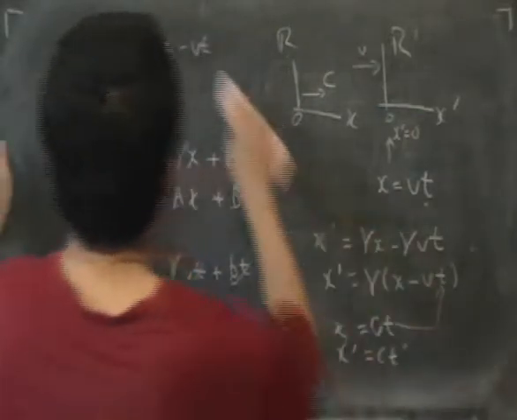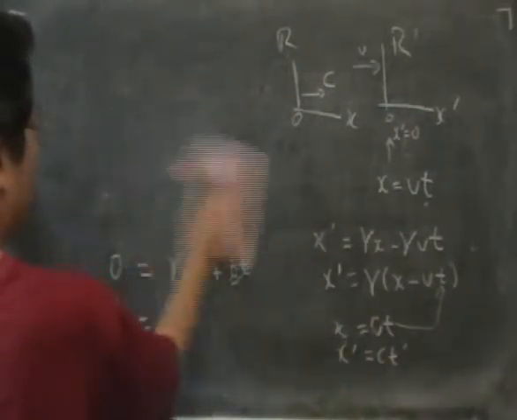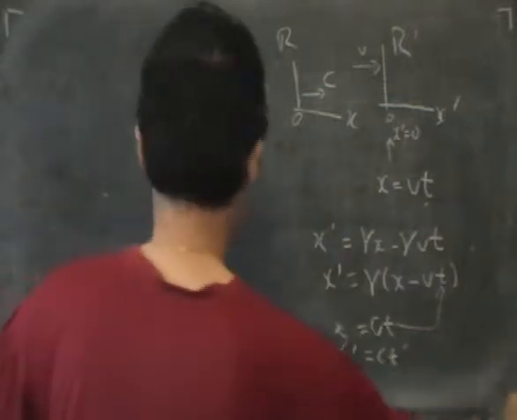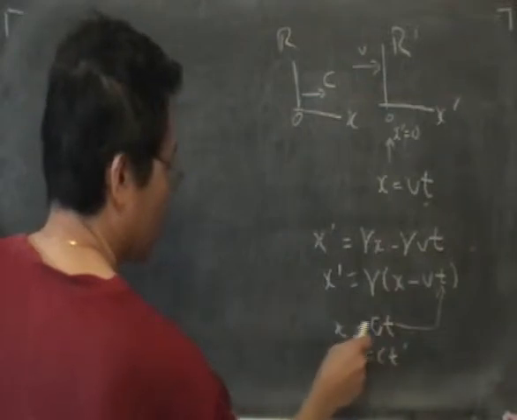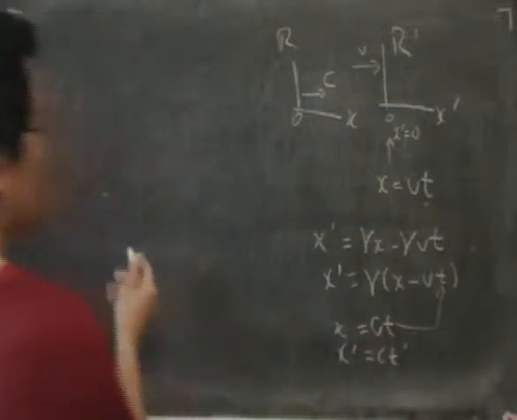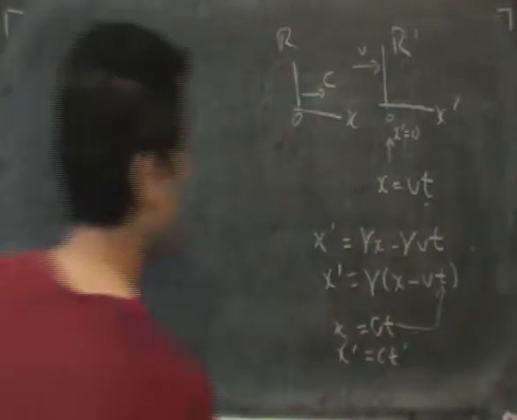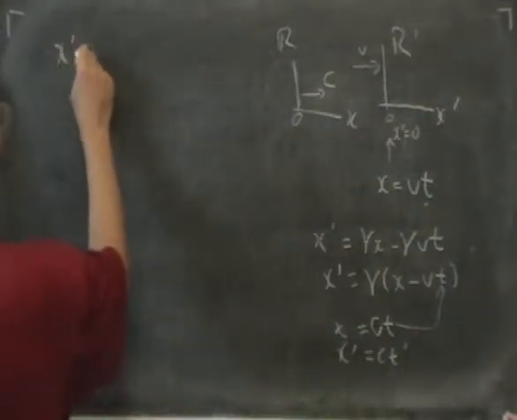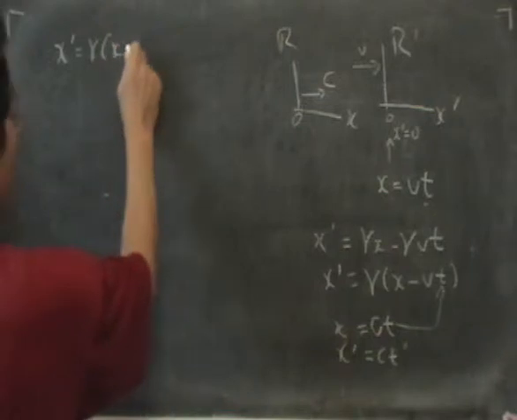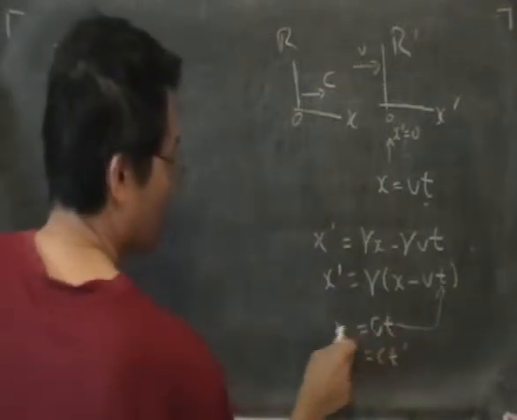Right? Let's clear this off. So that means t will be equal to x over c. So if I make that substitution, I'll get x prime is equal to gamma times x minus v, and t would be x over c.